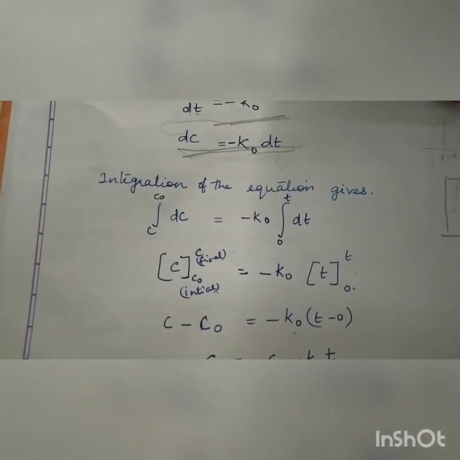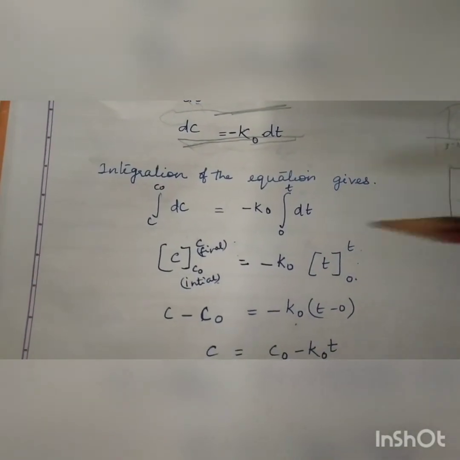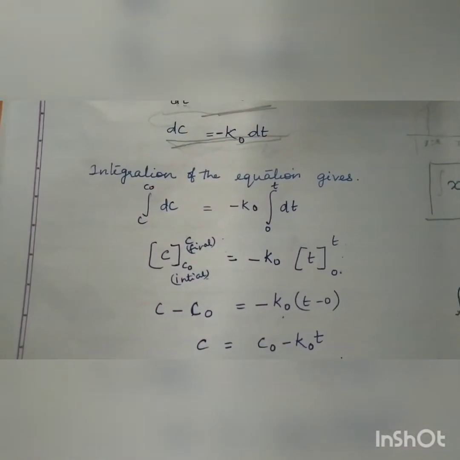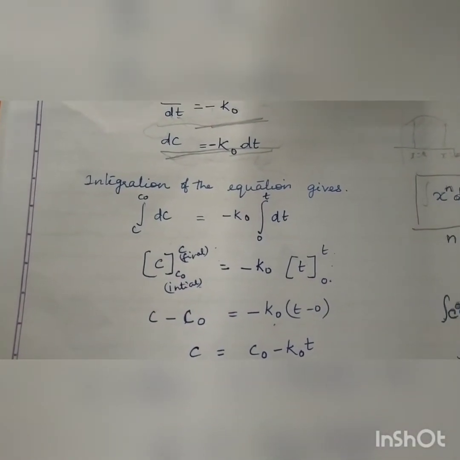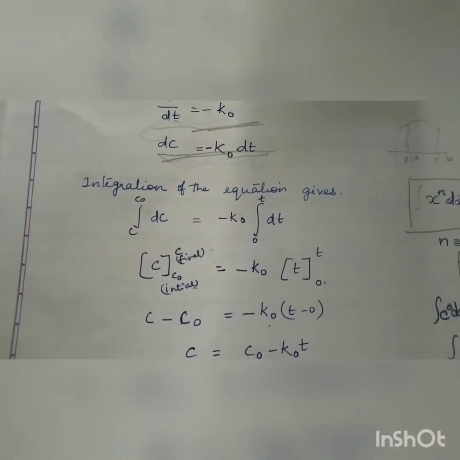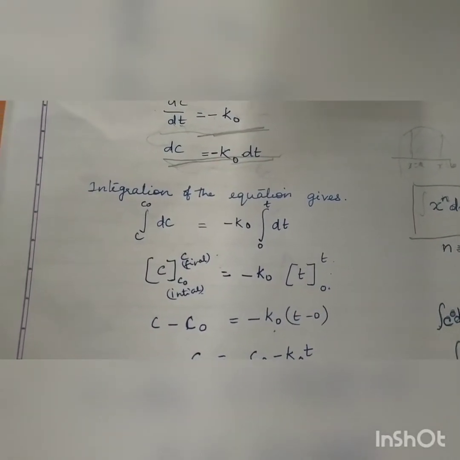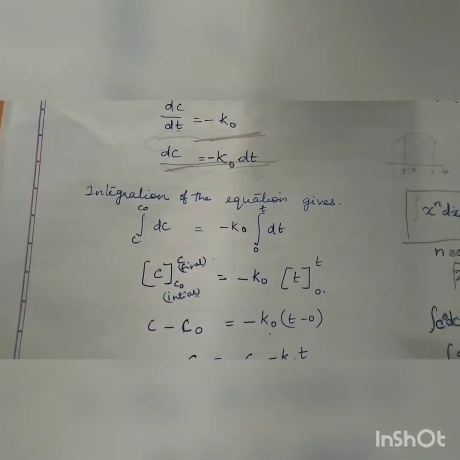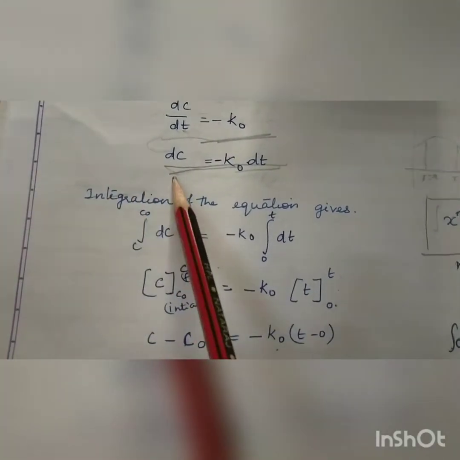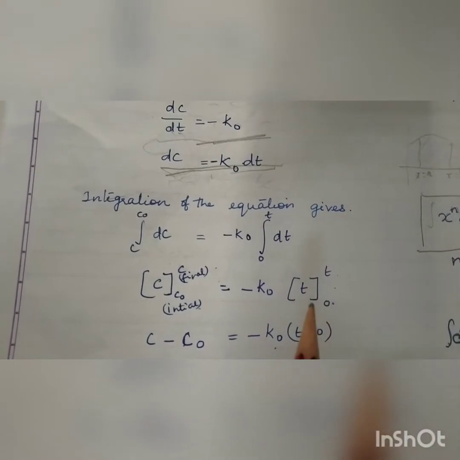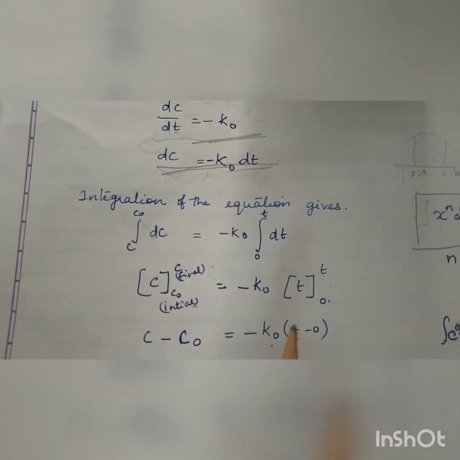Now we are integrating this equation, to find out C as a function of t. We are integrating with respect to the concentration. We need to find out how much of the drug is reduced, right?